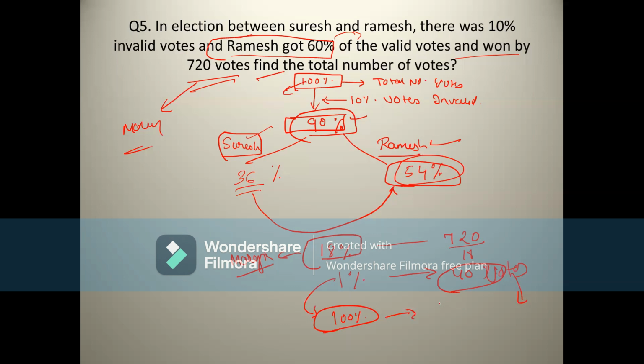The value of 100% will be 4000 votes. So the total number of votes will be 4,000. Are you getting my point?